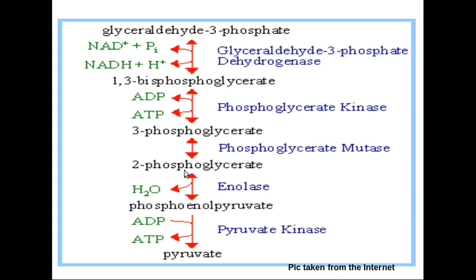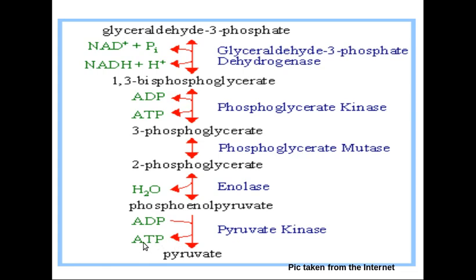The 2-phosphoglycerate then, with the help of the enzyme enolase, loses a water molecule to form phosphoenol pyruvate. Phosphoenol pyruvate is then acted upon by the last enzyme of glycolysis, that's pyruvate kinase, to produce an intermediate pyruvate. In this also another level of substrate level phosphorylation occurs.